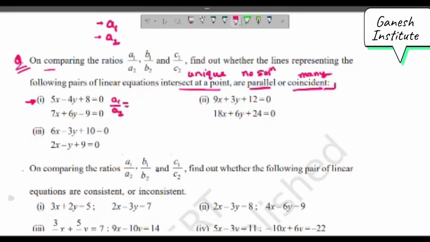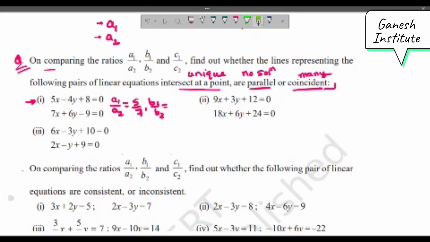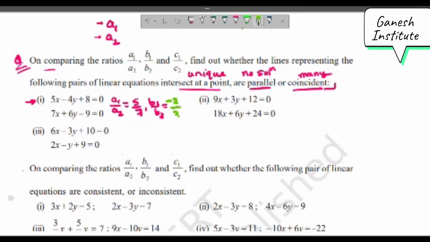So, what is A1 by A2 here? A1 by A2 is 5/7, B1 over B2 is 4/6. Including sign, please. Sorry, -4/6. On simplification, that would be -2/3.